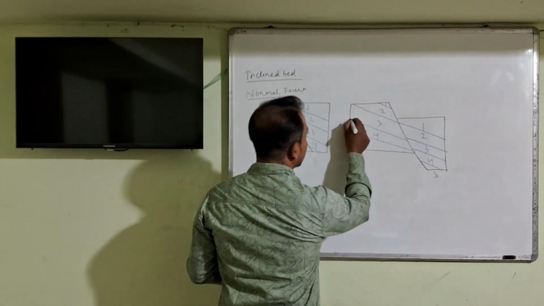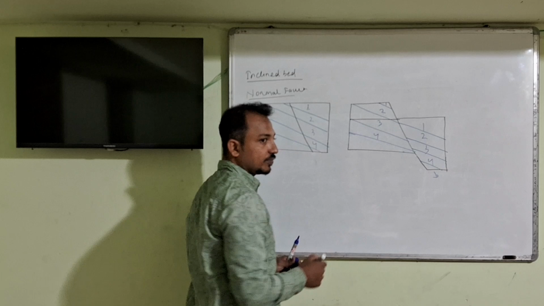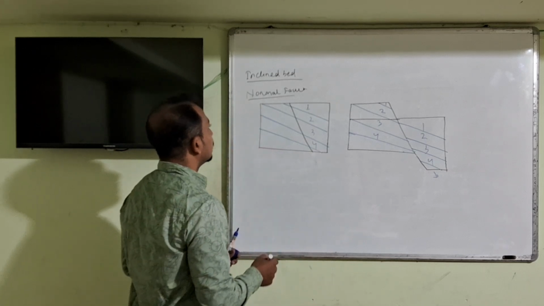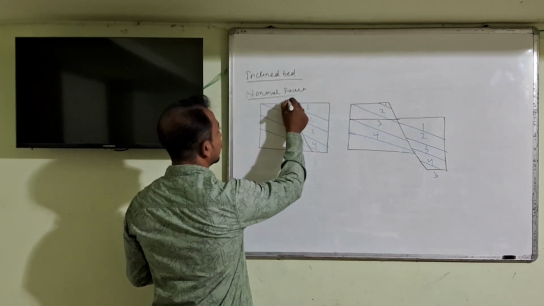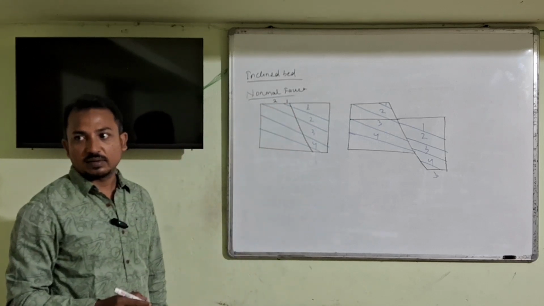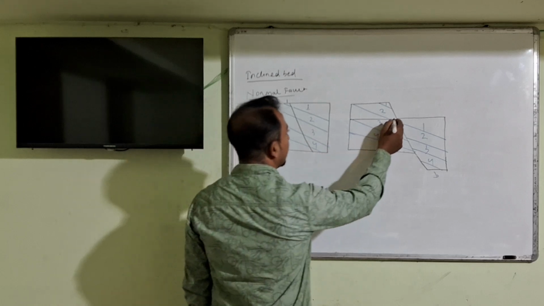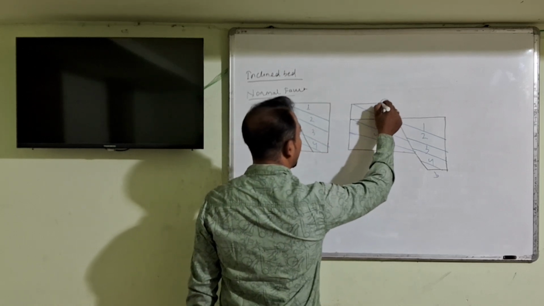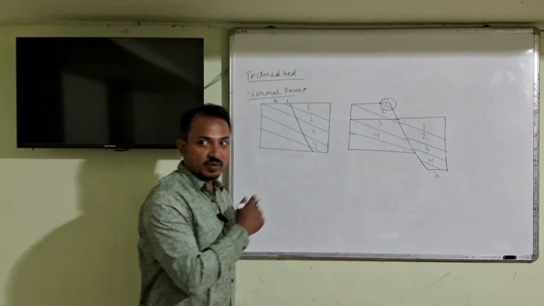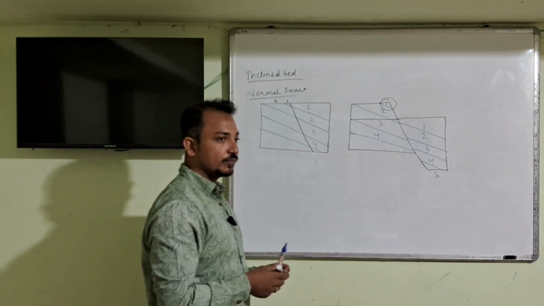After erosion, you see the exposure will be here. Before, on the ground it was exposing beds 1 and 2. So after erosion, you will see this one bed will be completely missed from the upthrown side.